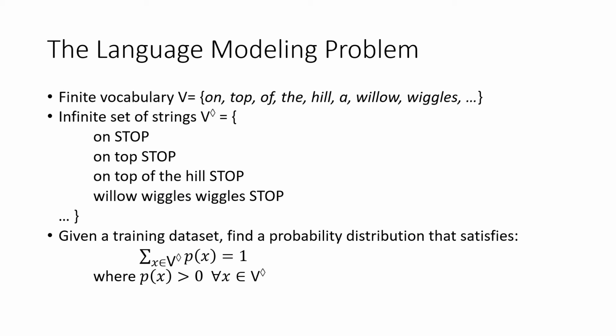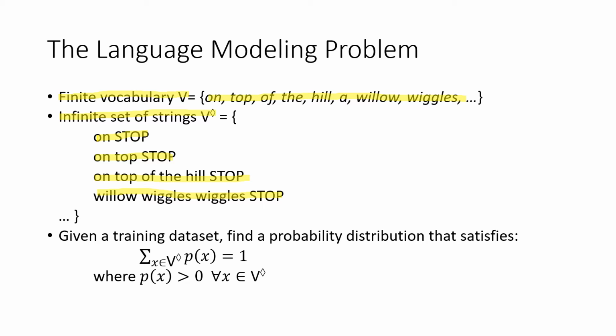The language modeling problem starts with a training data set. From our training data set, or corpus, we define a finite vocabulary V of words. Here we can see an example. Then, given this vocabulary, we can build an infinite set of strings, V diamond, that contains all combinations of words from our vocabulary, each one ending with a special word STOP.